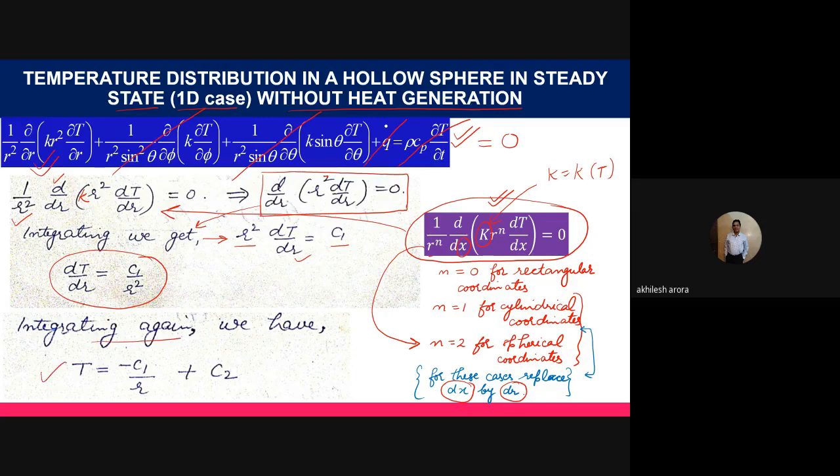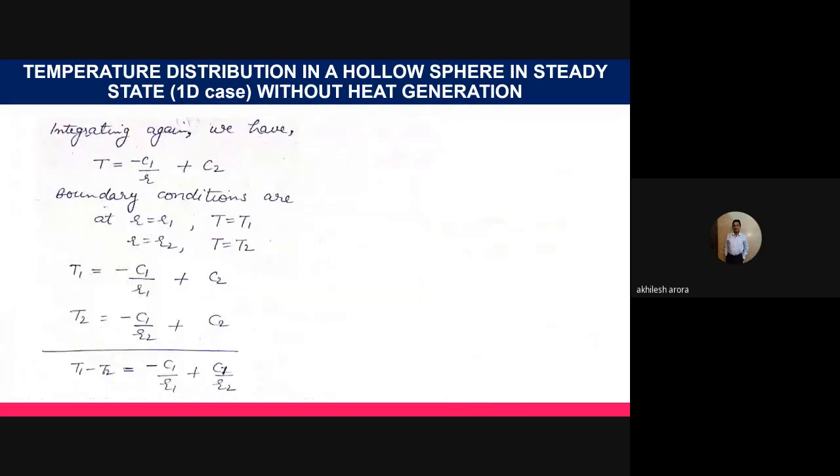Then we will get t is equal to minus c1 by r plus c2. So this is the final temperature distribution equation that we get, and in this equation we have two constants that we need to find out, and those two constants can be found out using the boundary conditions.